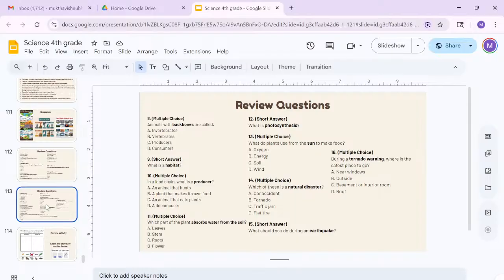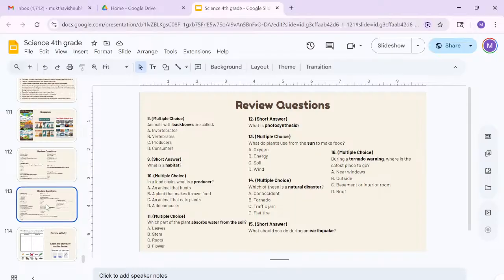Okay, I'm going to go over the answers now. The answer is B, vertebrates. A habitat. We didn't really go over this, but I did mention it. It's basically a place where an animal lives to get food, water, and shelter. What is a producer?